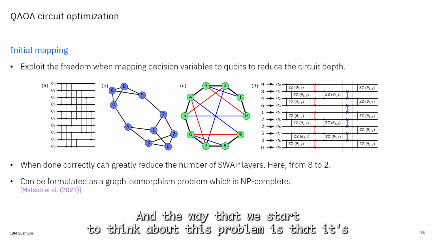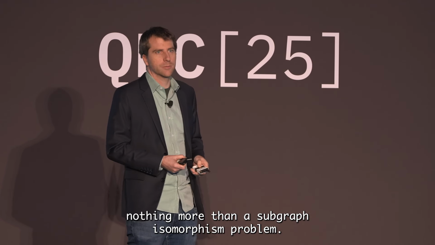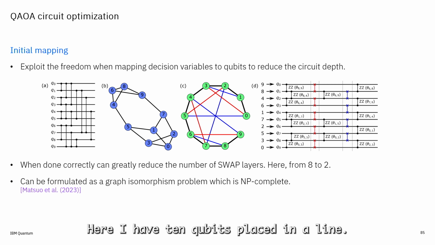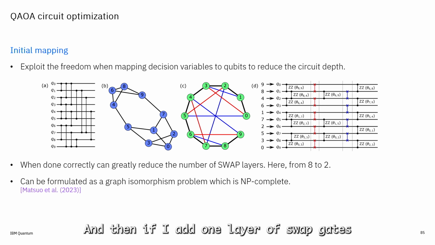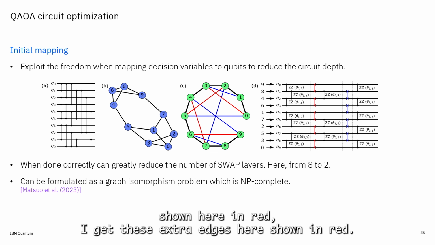And the way that we start to think about this problem is that it's nothing more than a subgraph isomorphism problem. So consider my chain of qubits here. I have 10 qubits placed in a line. This corresponds to the edges in black here of this coupling map. And then if I add one layer of swap gates, shown here in red, I get these extra edges shown in red.